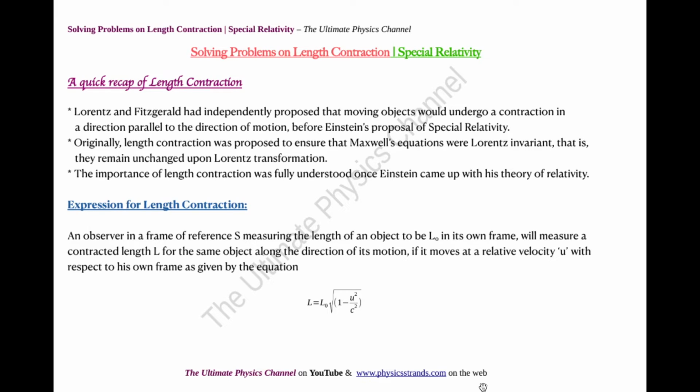So the term within the square root can only be less than 1, so the length is getting contracted here, unlike time dilation, where time gets dilated, elongated.